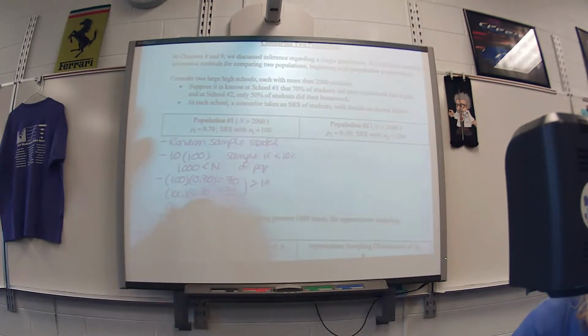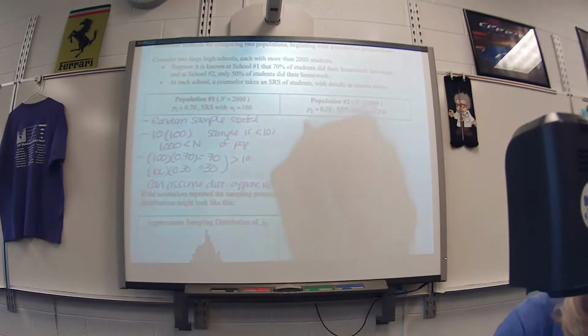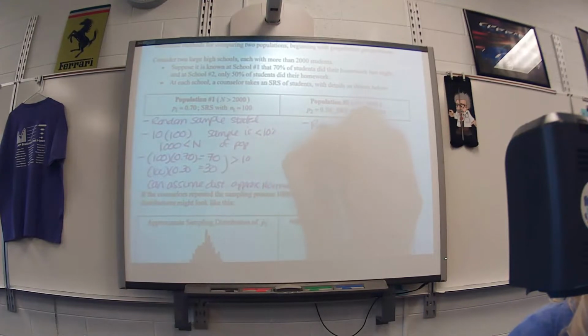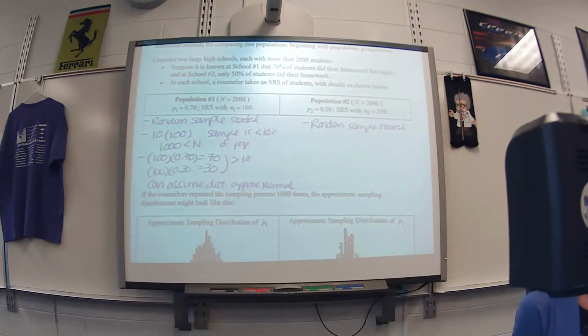All right, greater than 10 we can assume the distribution is approximately normal. And then we do it again for population number 2. I know, it stinks, doesn't it? Now, if you want to shorten your work and combine them, you're welcome to do that as long as every time you do something, you address both populations, both distributions.